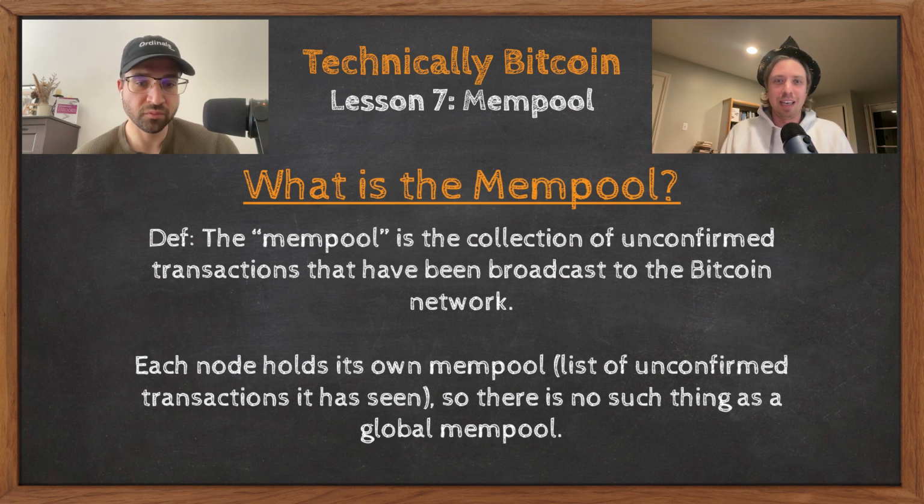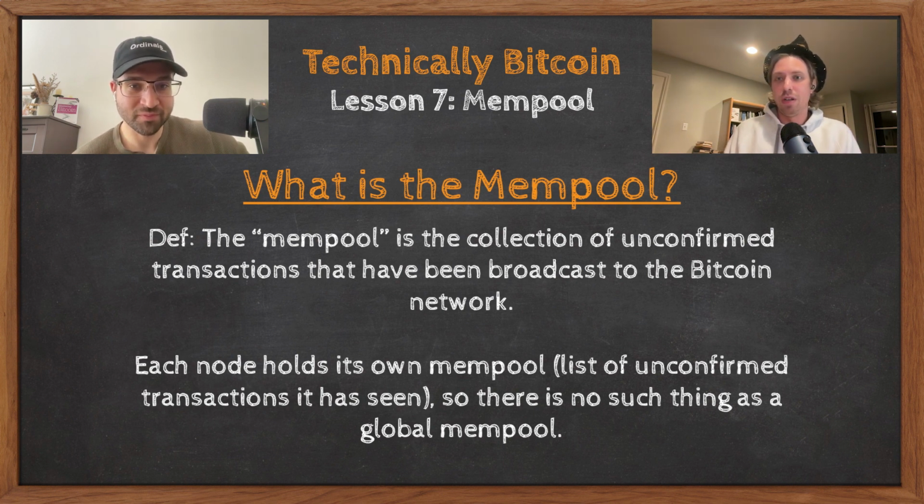So you might be thinking, what the hell is that thing when I go to mempool.space and see the mempool? Well, what you're seeing is the collective mempools of the nodes that mempool.space is pulling from. But that doesn't mean it's showing you every single unconfirmed transaction that has been broadcast to the Bitcoin network. So let's talk a little bit about what that looks like and how that networking happens.